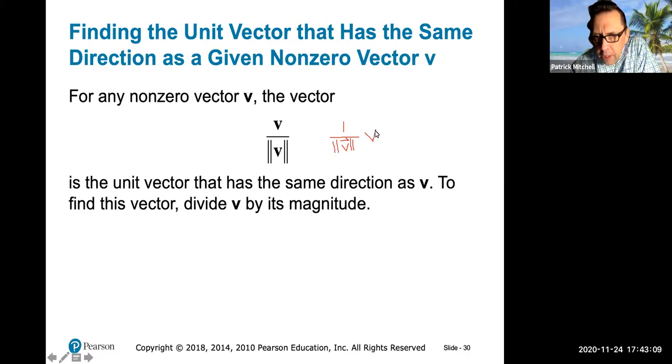That's technically what that means. We write it the way they printed it because we're lazy, which I admire. All right, that vector is the unit vector that has the same direction as v. So to find this vector, divide v by its magnitude. And now we understand what that means.